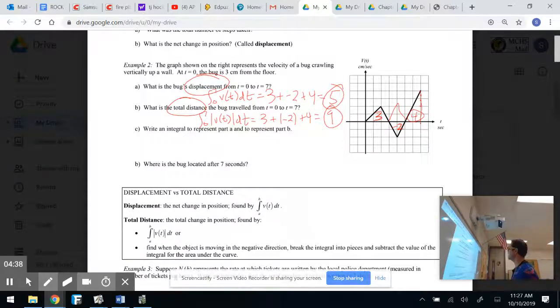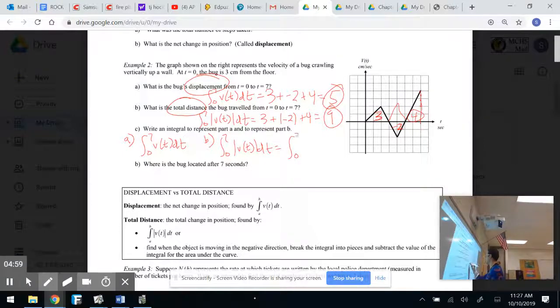It says to write an integral to represent part A and part B. Well, we already did that for part A: the integral from 0 to 7 of v of t dt. For part B, the really fancy way is to use the absolute value symbol, but let's break it down a little better than that.